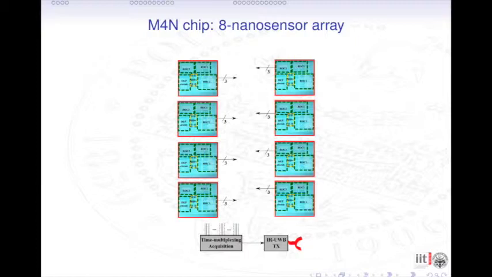If we want to reduce the number of I/O reserved for that task, we need to apply a time multiplexing acquisition, so acquire and transmit only the signal of the first element and then the signal of the second element, and so on.